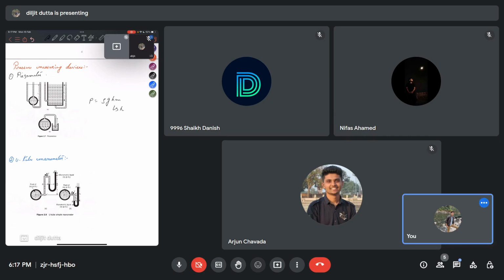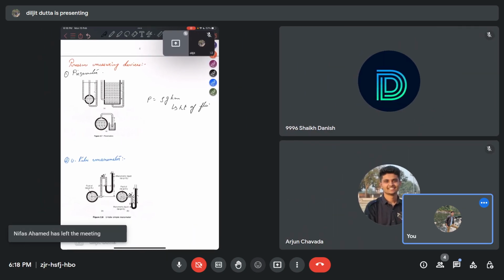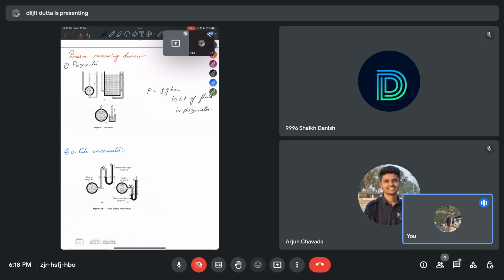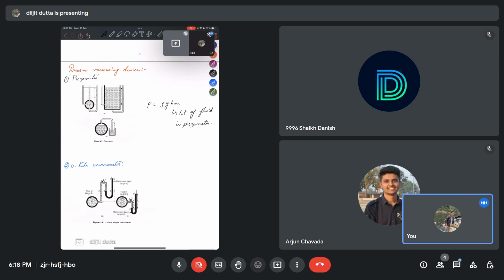Hm is the height of fluid in the piezometer. So this is how pressure is measured in the piezometer. It is measured with respect to the atmospheric pressure, since the piezometer is open to the surface.